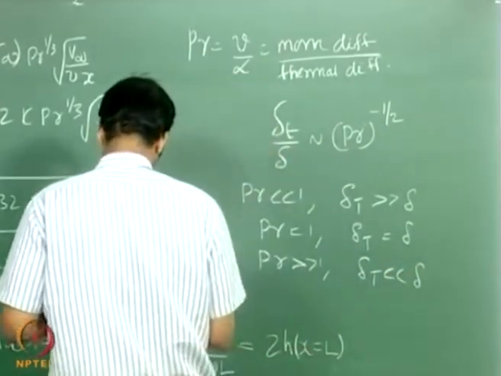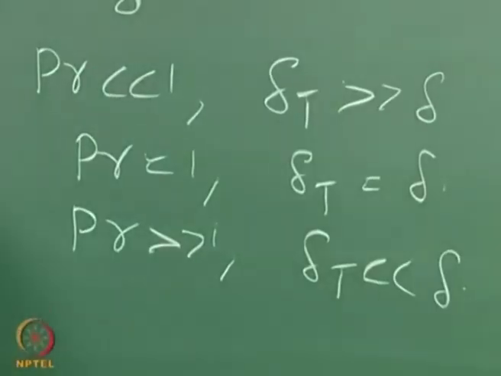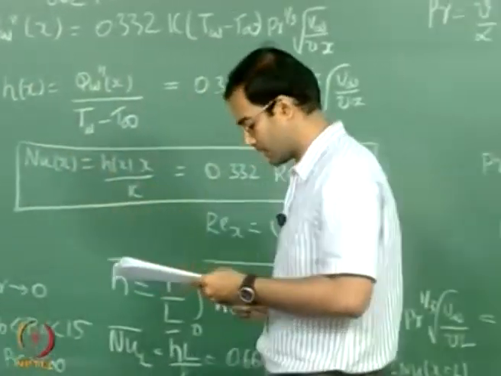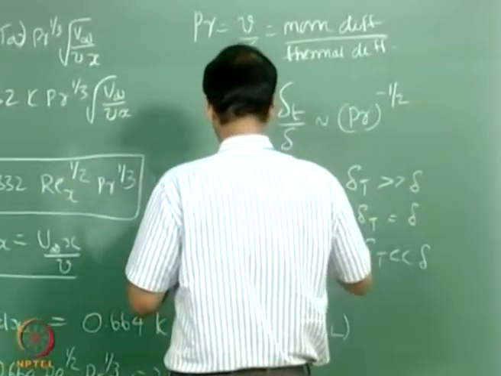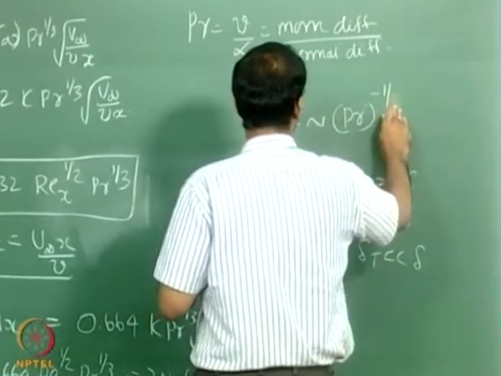Okay, so this is the kind of observation for higher Prandtl numbers. For Prandtl numbers of the order of 1 and greater than 1, you can clearly show that delta t by delta scales as Prandtl number to the power -1/3.